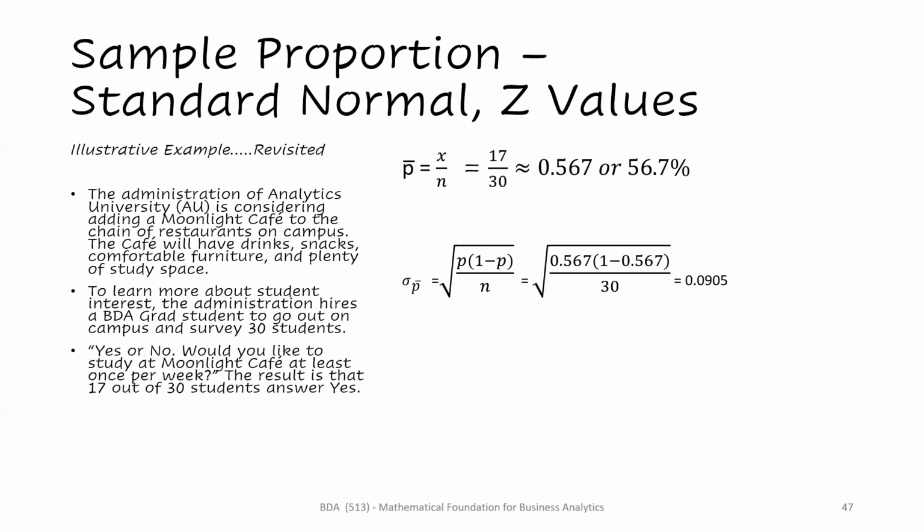If you are using percentage, then make sure that everything is a percentage. So 0.567 into bracket 1 minus 0.567, over 30, gives you 0.0905. Any other question?